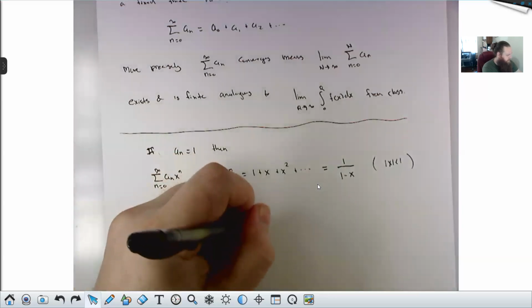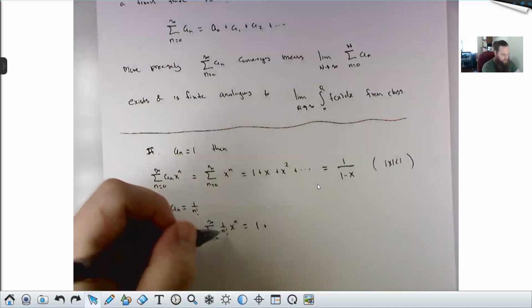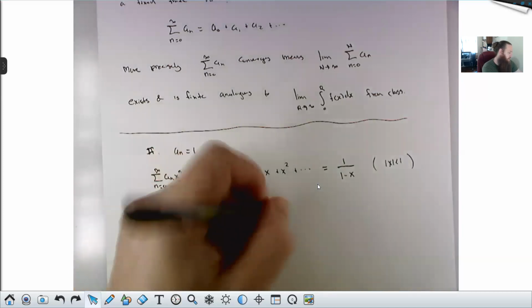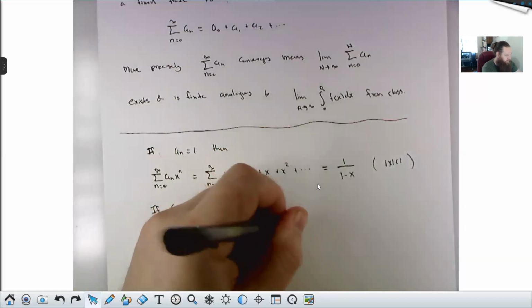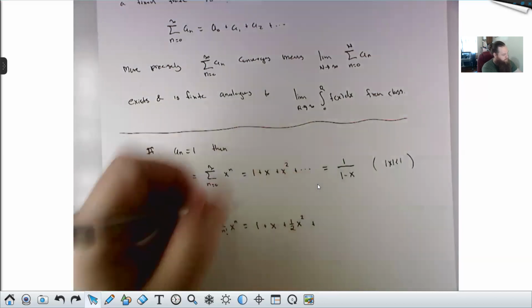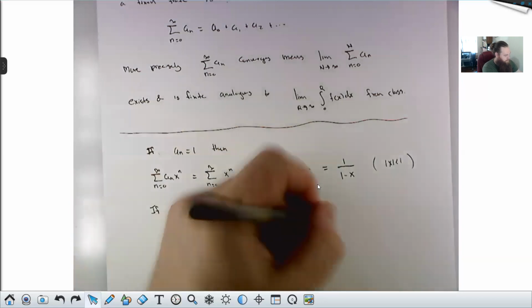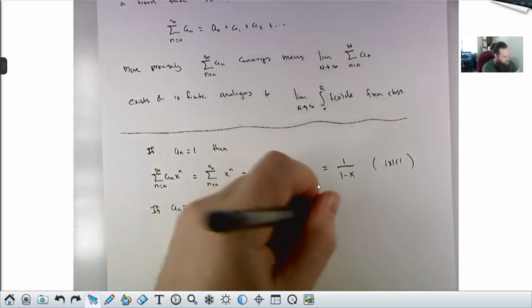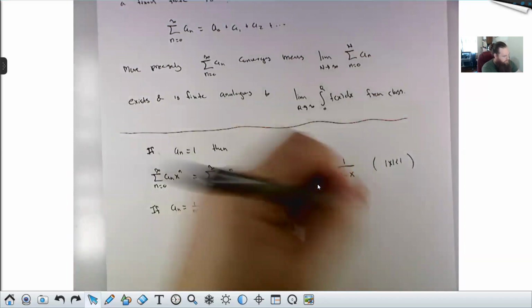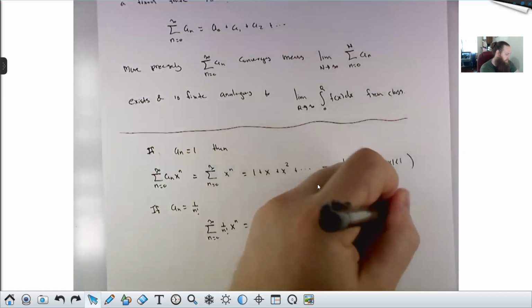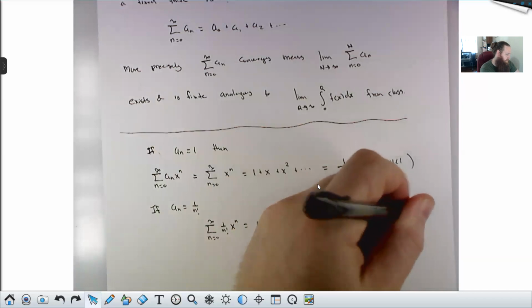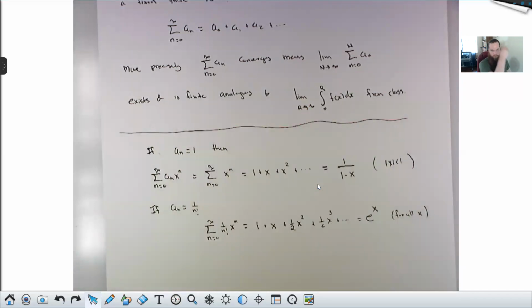And then 1 over 1 factorial is also 1 times x. The next term would be 1 over 2 factorial, which is 1/2 x squared. The next term would be 1 over 3 factorial, which is 1/6 x cubed. This guy is e to the x, and this is for all of x. The interval of convergence here is all real numbers.